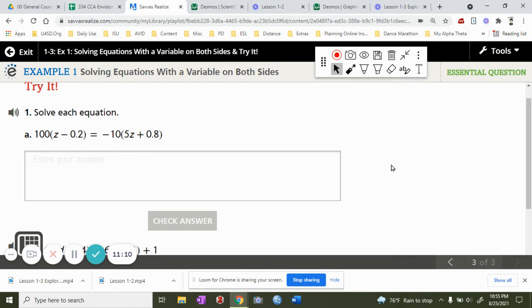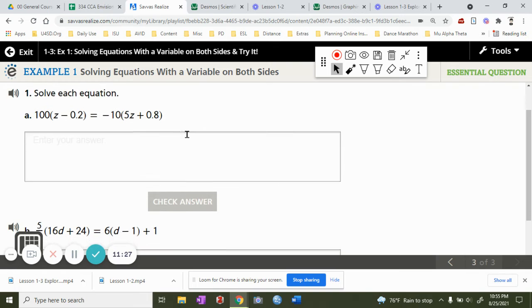So now I want you to try one or two. So the first one I want you to try is 100 times the quantity z minus 0.2 equals negative 10 times the quantity 5z plus 0.8.